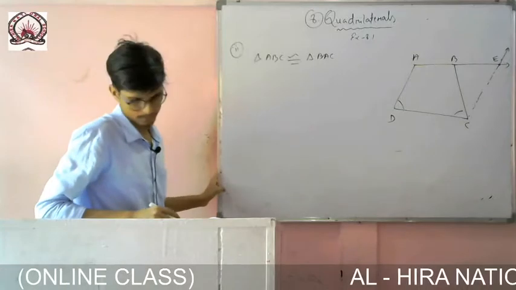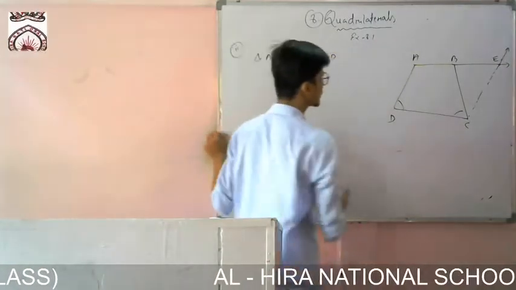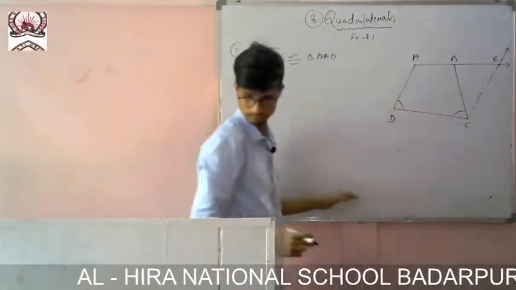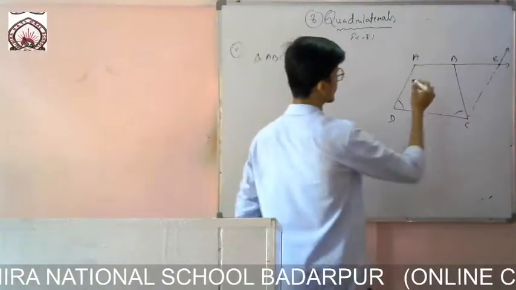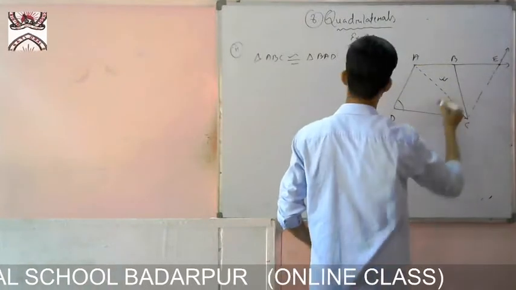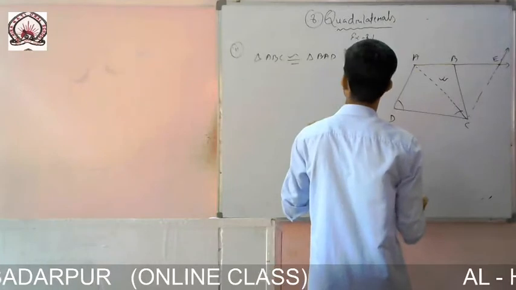Where is triangle ABC? That means you have to make this one. Let me join it. So you have to show that this triangle is equal to triangle BAD.